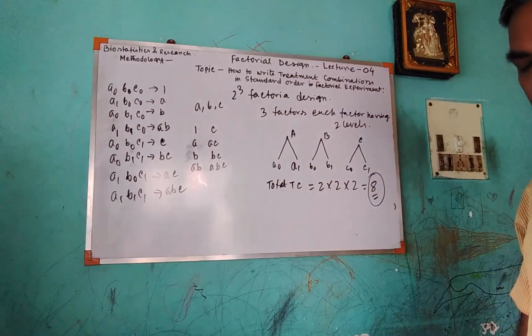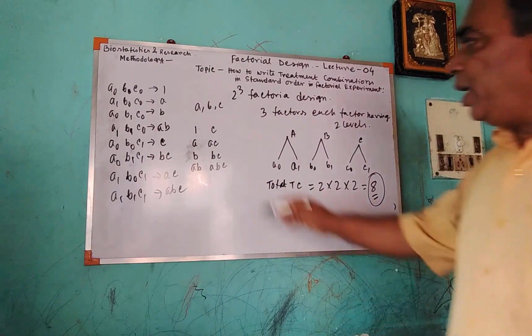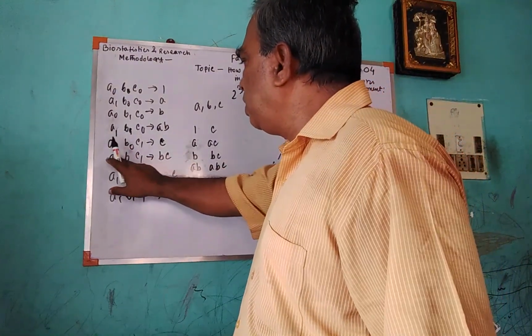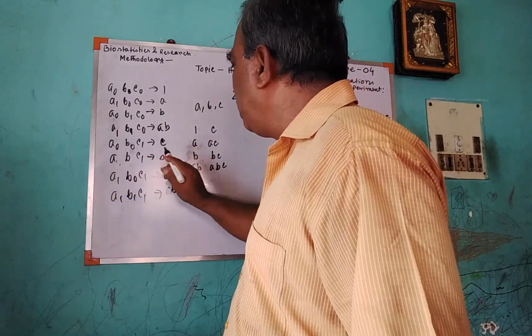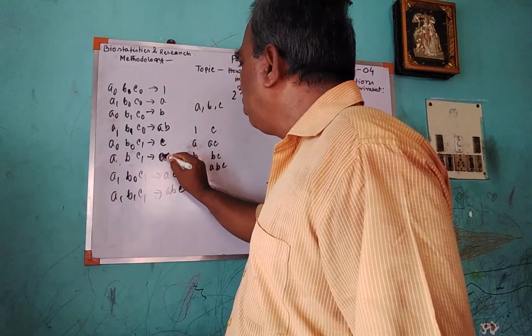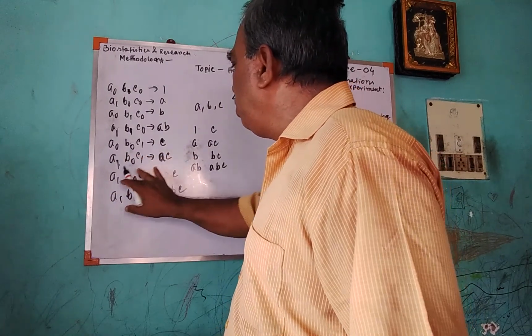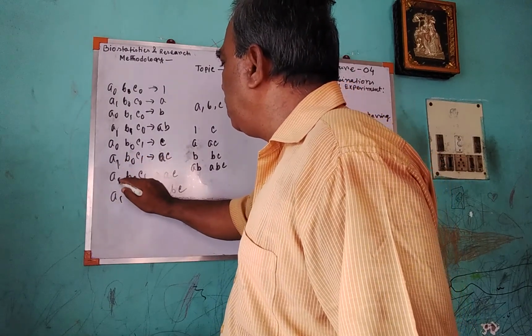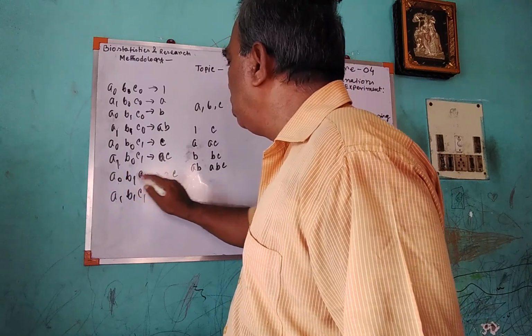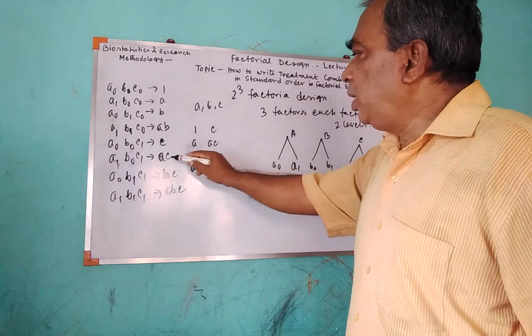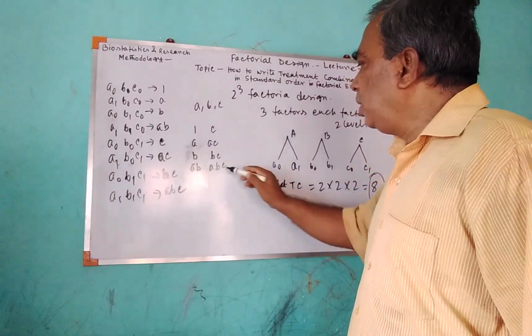Then C, then AC will come. You can write AC here, no problem. AC means A1, B0. Then here will be BC, so here will be A0, B1. This will be BC by standard order. Then C, then AC, then BC, then ABC.